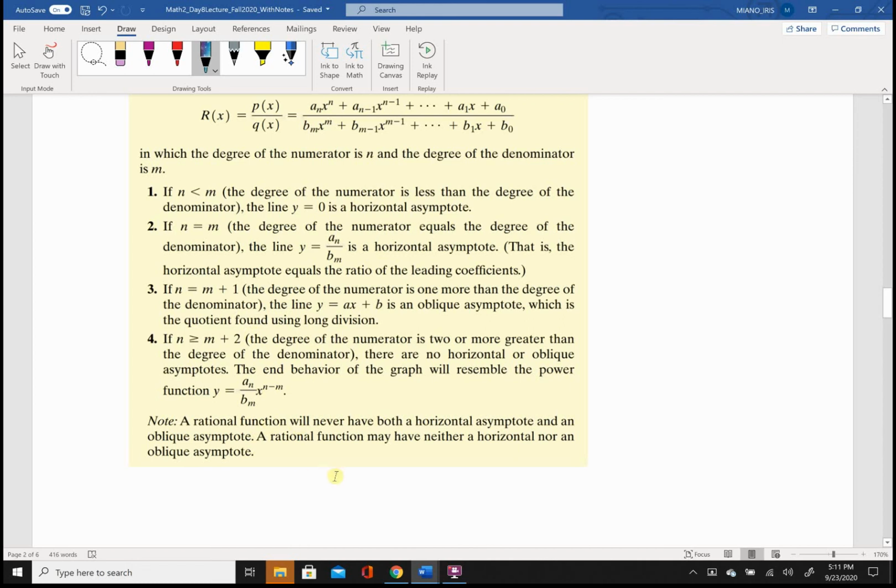Okay? Great. And like I said, I already made this note, you cannot have a horizontal and an oblique asymptote at the same time. You're going to have one or the other or neither. Okay? Great.